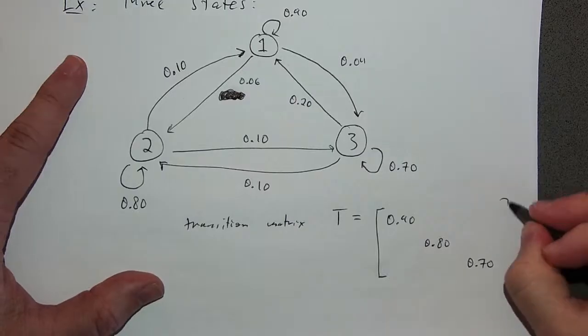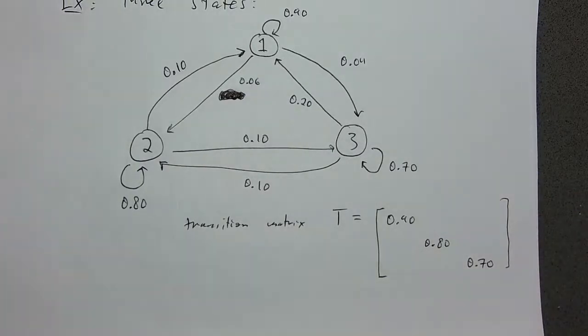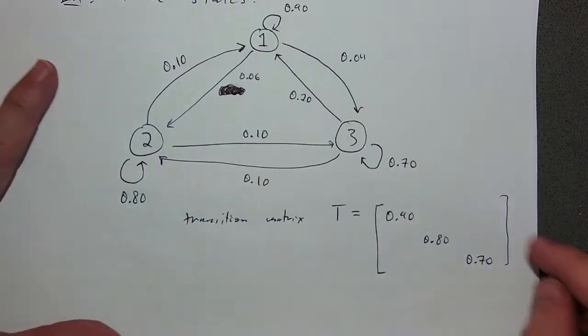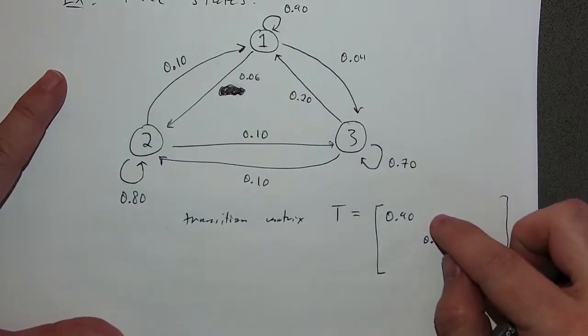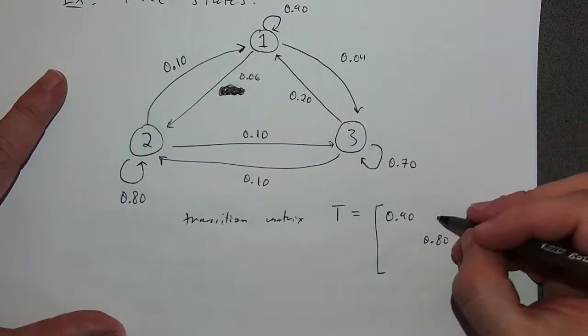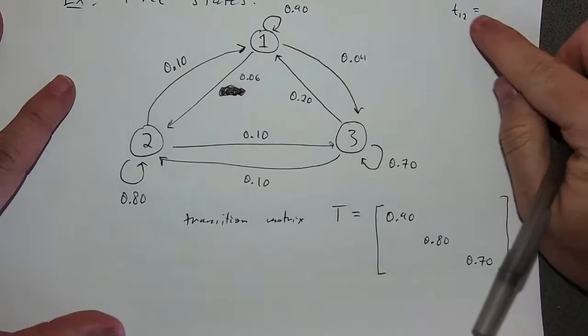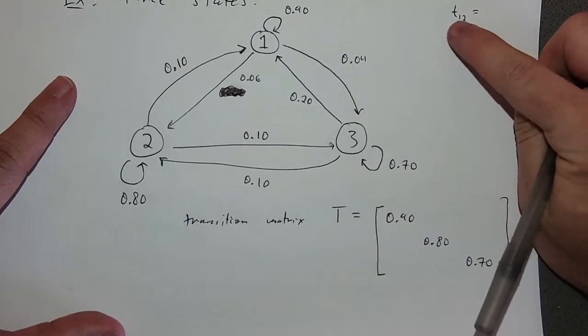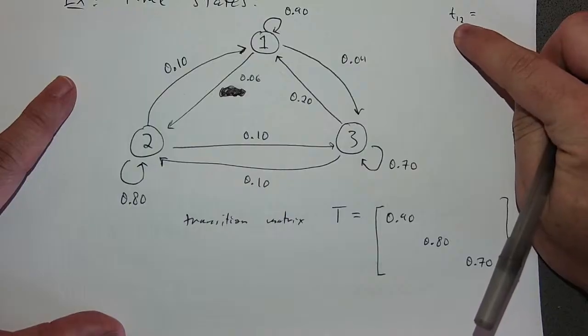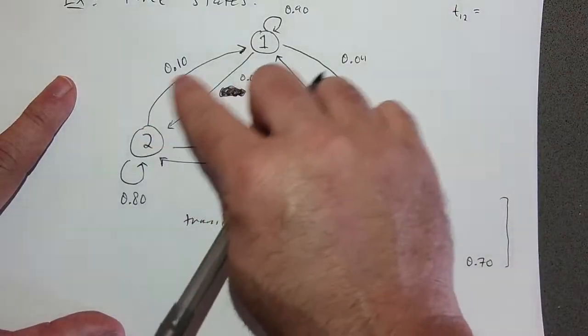So that's those entries. Now, this is the T sub 1,2 entry. T sub 1,2 is the number of people that move to state 1 from state 2. So that's 10%.